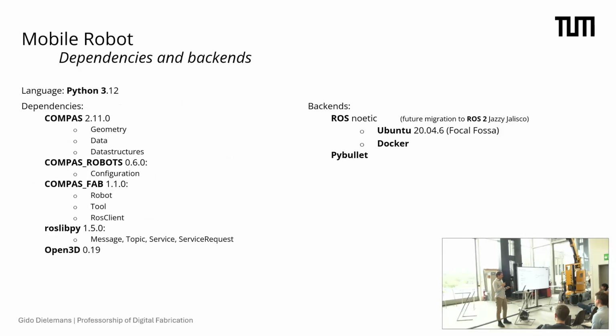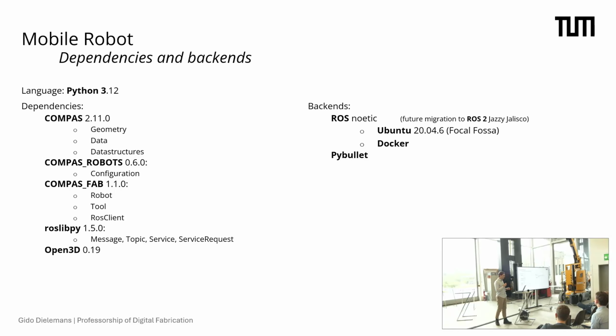Here I try to list in a little more detail the dependencies and the backends that we use in this specific package, which are COMPAS, COMPAS Robots, COMPAS FAB, roslibpy, and Open3D. A lot of it is inherited from COMPAS, aiming to extend the functionality that is already there, and some of it is also just used.